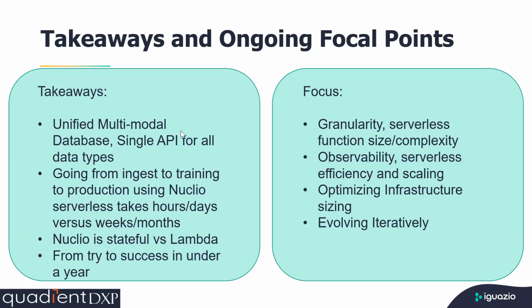Also, we want to be able to observe the functionality, because sometimes when you build these small granular components, you believe a component is probably going to run n number of times per day.